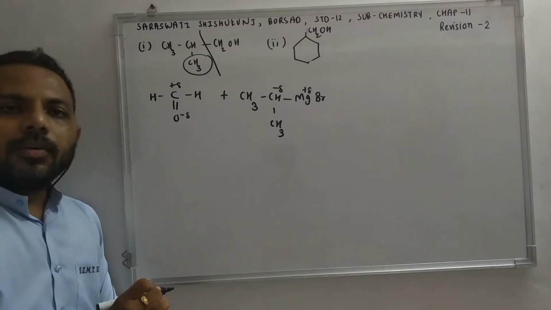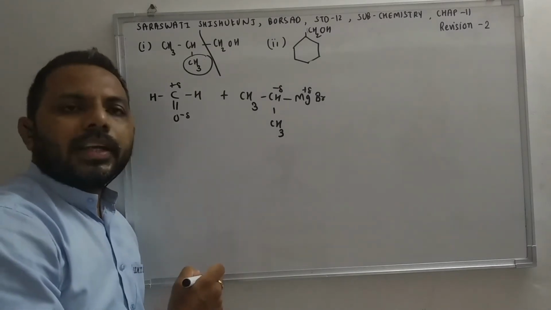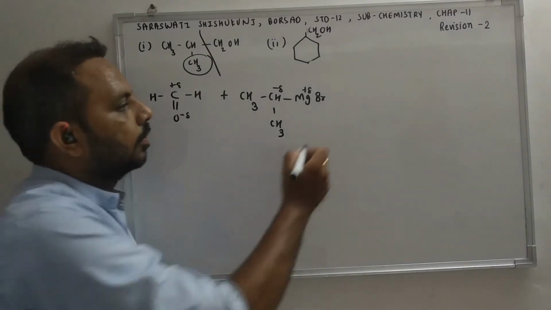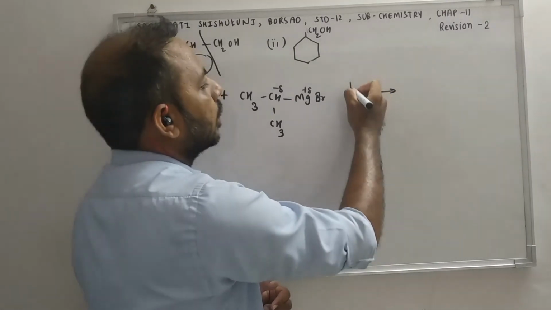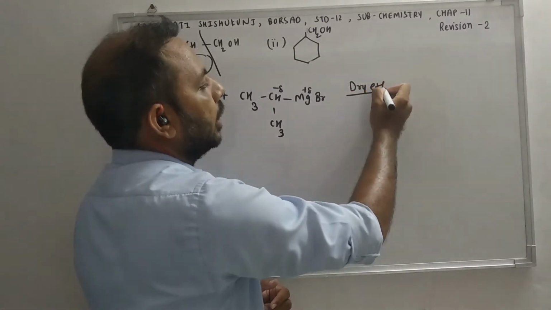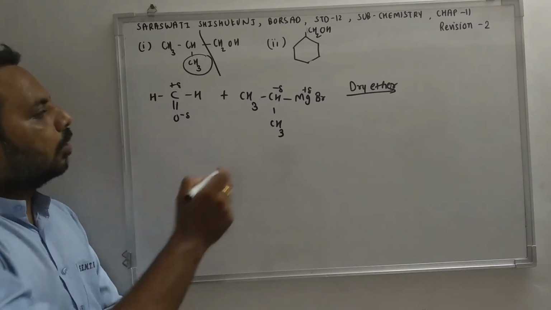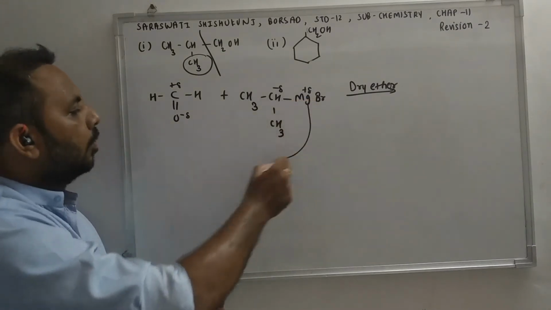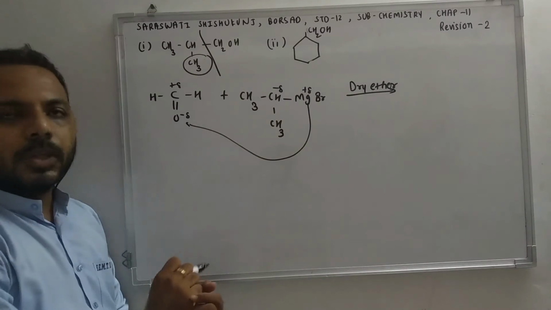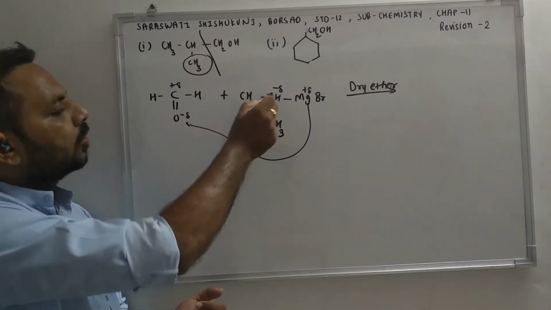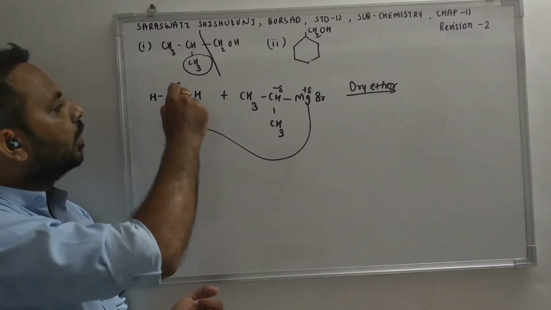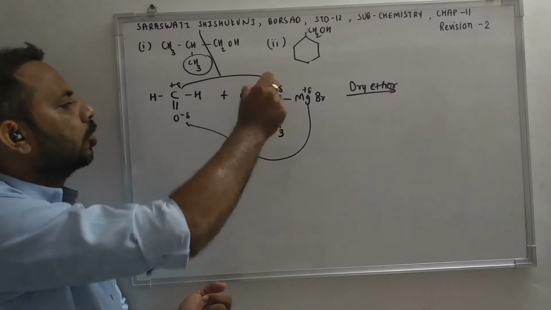Whenever we write a Grignard reaction, dry ether is used. Now the positive magnesium attacks the oxygen, and the negative alkyl group attacks the positive carbon.